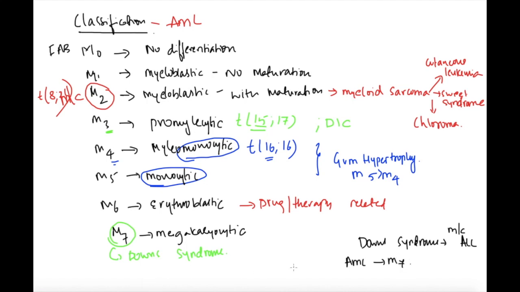Now, a normal child with AML versus a child with Down syndrome with AML: the Down's child with AML has a better prognosis compared to a normal child with AML. That is something you need to remember.